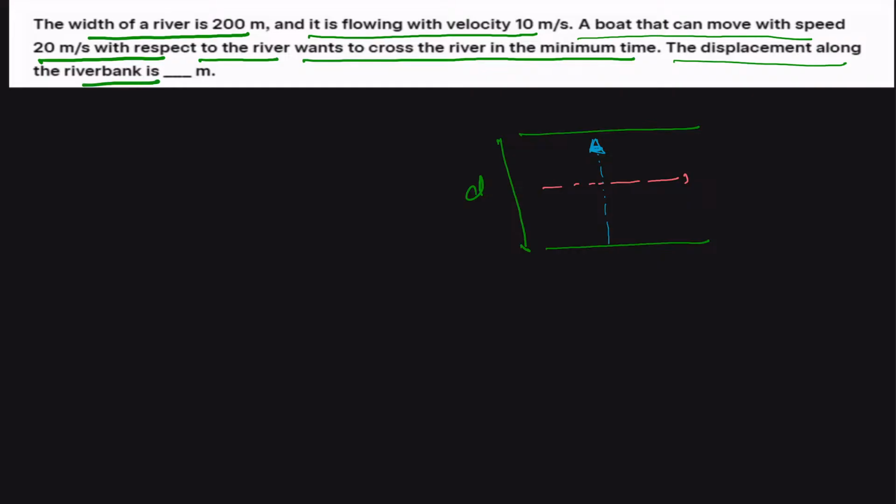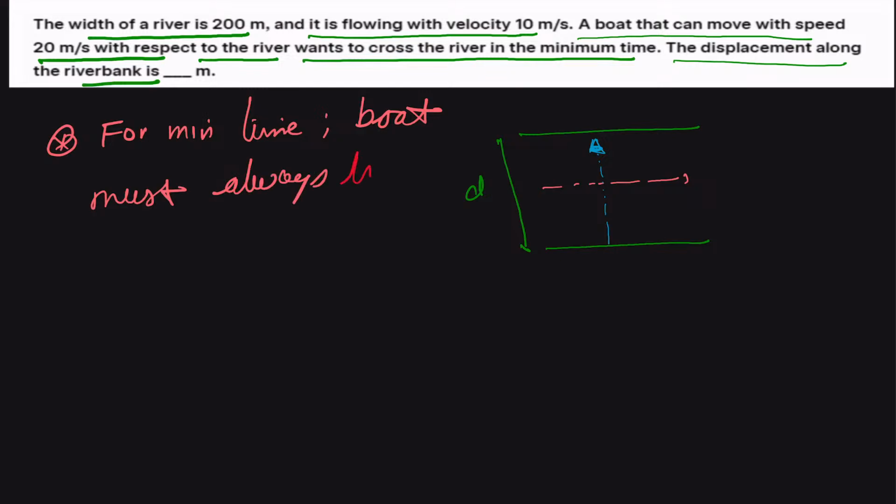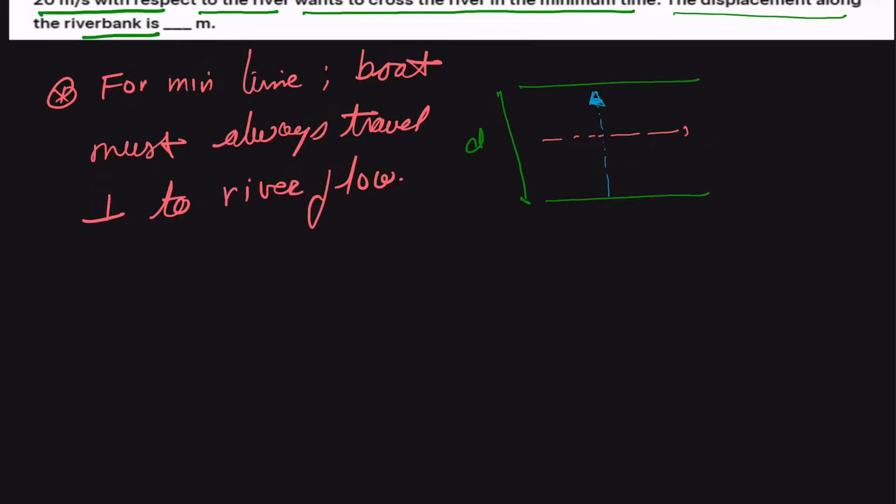For minimum time, the boat must always travel perpendicular to river flow, which is nothing but a straight path between the two banks.